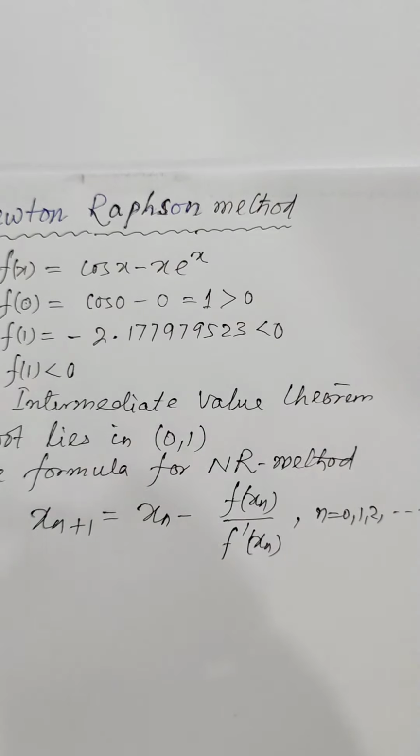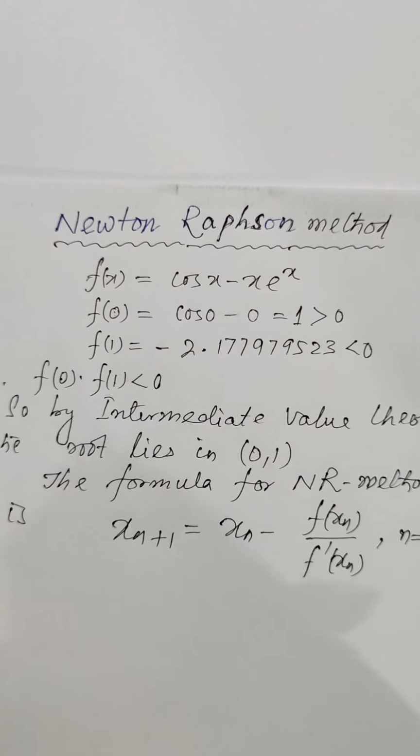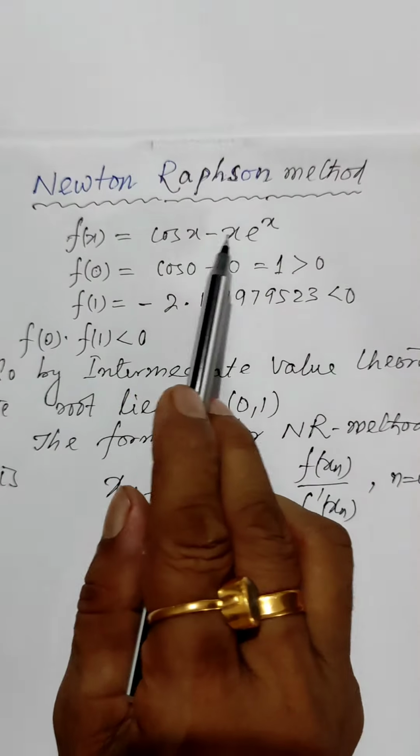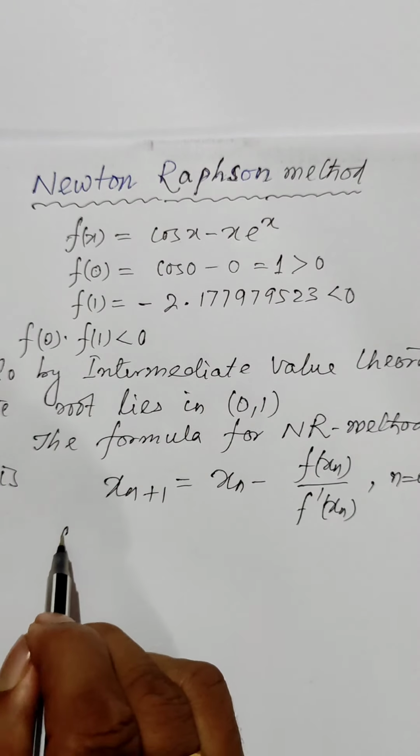N is equal to this one, 0, 1, 2, 3, so on. So the question is that f dash x means derivative of f of x. So here f of x is cos x minus x e to the x. So what is f dash x here?